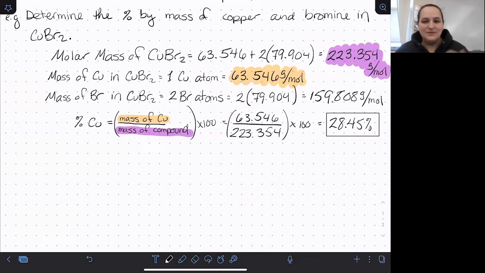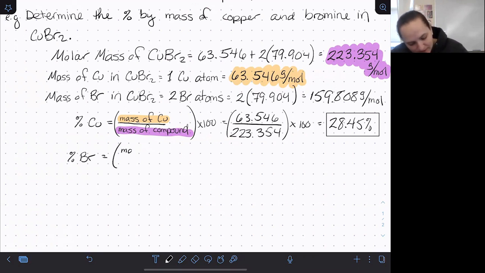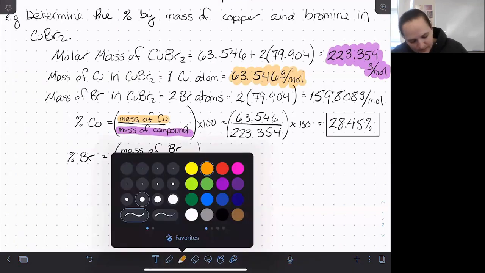To do percent bromine, we're going to do something really similar. So why don't you pause here, calculate the percent of bromine in this compound on your own. So same setup pretty much. We are going to have the mass of bromine in this compound on the top, the mass of the whole compound on the bottom.